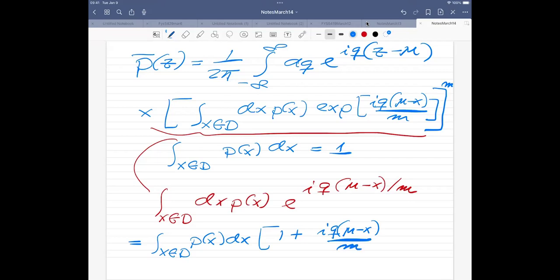So mu is just a constant, minus, and then I have q squared, and q is not involved in that integral. And then I have a mu minus x squared, and this is, no, not x squared, sorry. I have to be a little bit careful here. Minus, this is mu minus x squared, and this is now over 2 m squared, and this continues plus plus plus to higher order terms.